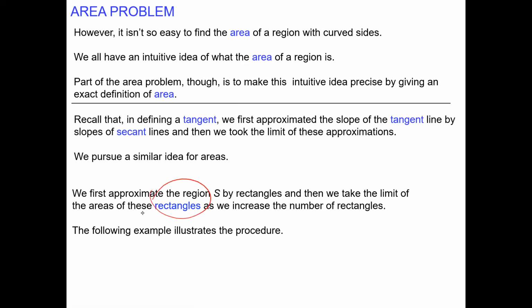Even if this looks a little bit different at the moment, we also did the tangent line. We did the secant line closer and closer to the tangent. That means it's something similar, and we're getting more and more of these rectangles. That means the process is a little bit similar.